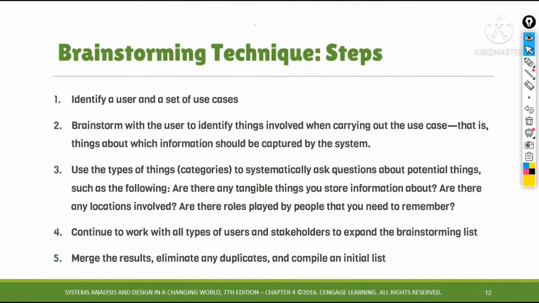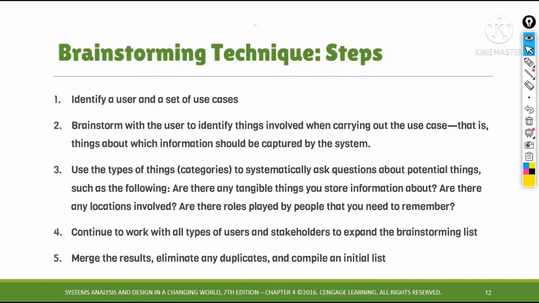So here are the steps to follow when using the brainstorming technique. First, we identify a user and a set of use cases. As you can recall, we have discussed use cases in the previous lesson. The second step is to brainstorm with the user to identify things involved in carrying out the use case.